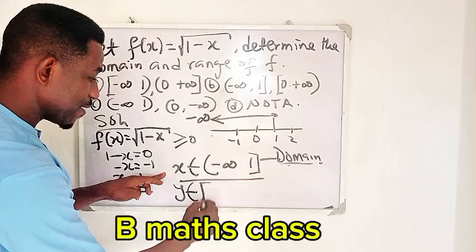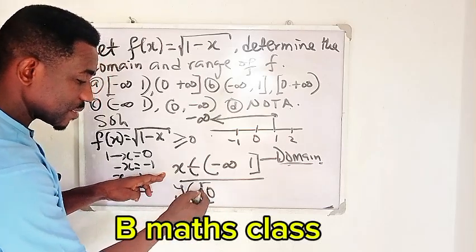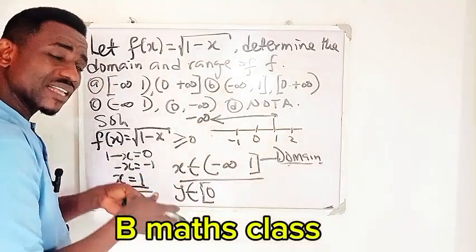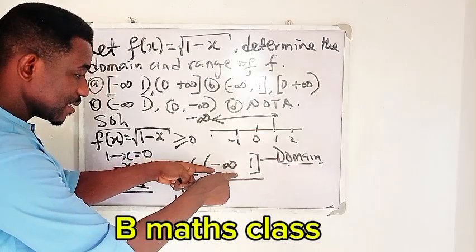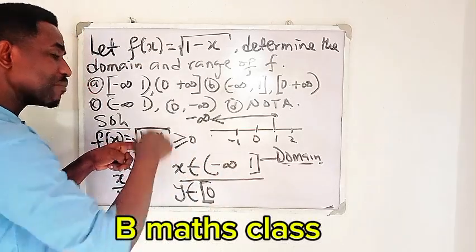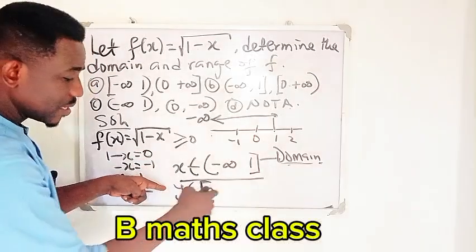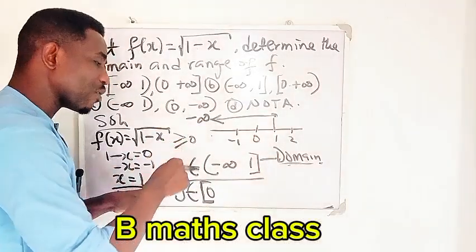This means close, 0 is a member. 0 must be part of the answer that will be produced. So the value of x that you put in here produces something, and that thing that is produced is the value of y. So the value of y produced from this function must be greater than or equal to 0.